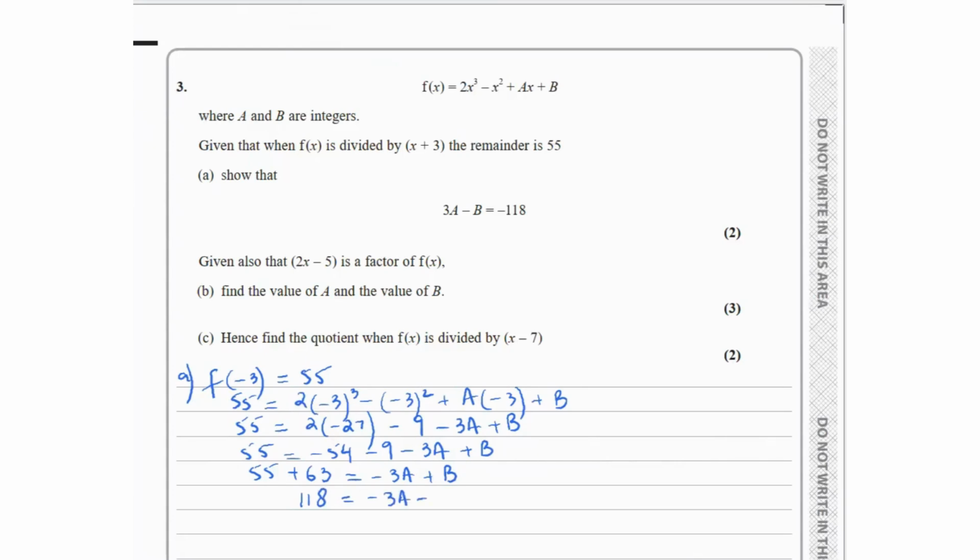So if you look at the format given in the question, 3a is positive, b is negative, and 118 is also negative. So that's your answer as asked in the question.